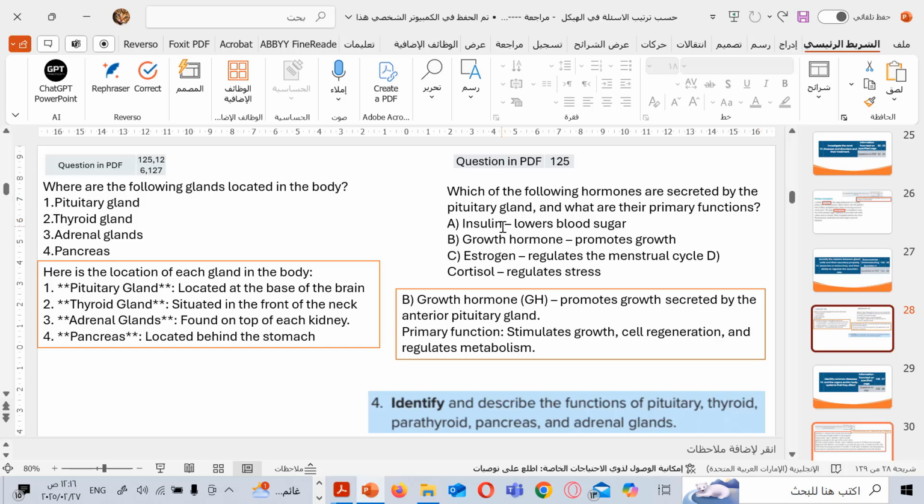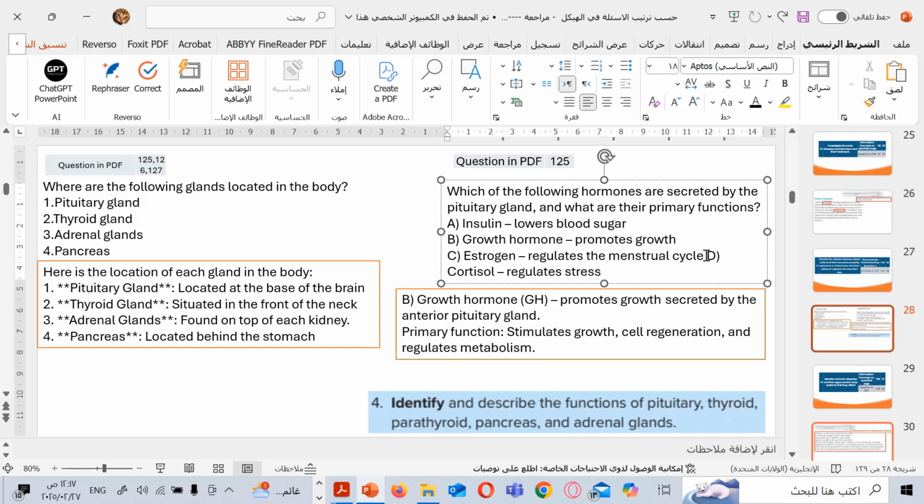The options: insulin lowers blood sugar, growth hormone promotes growth, estrogen regulates the menstrual cycle, cortisol regulates stress. The correct answer is B, growth hormone.